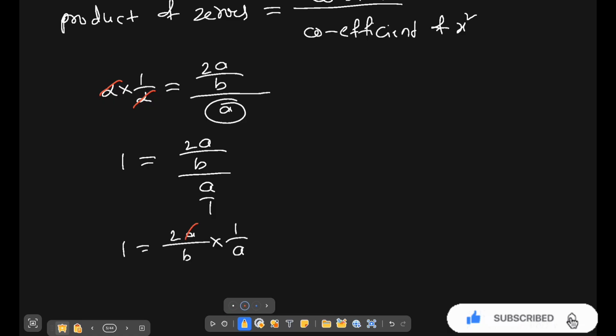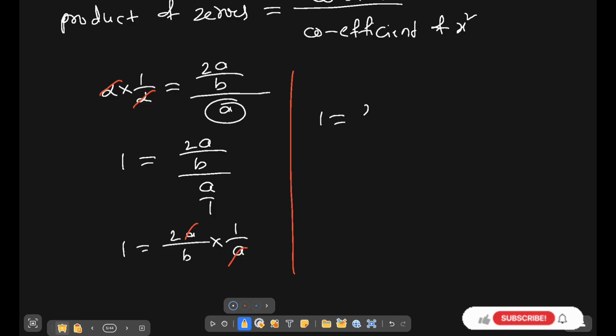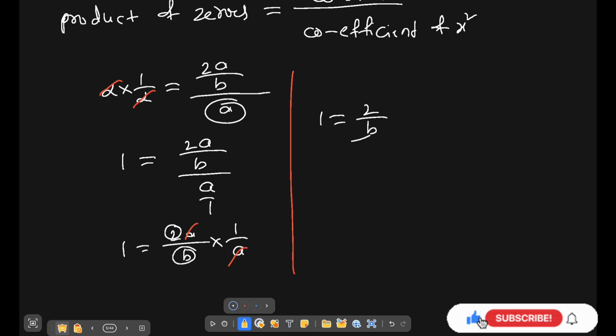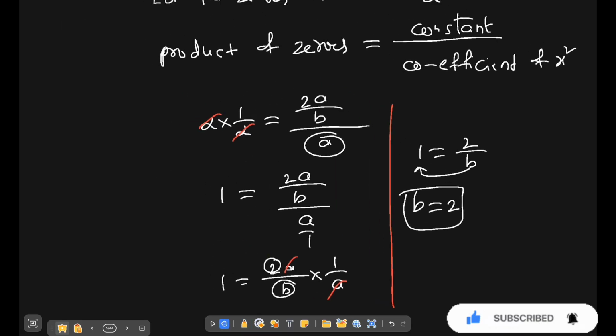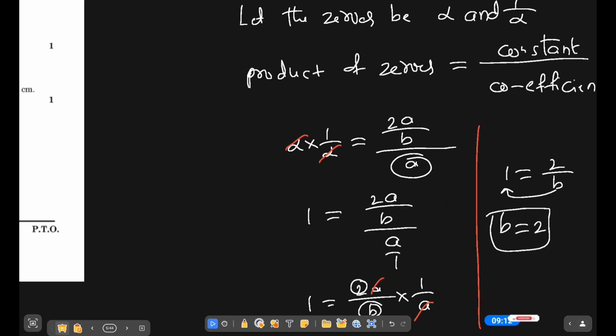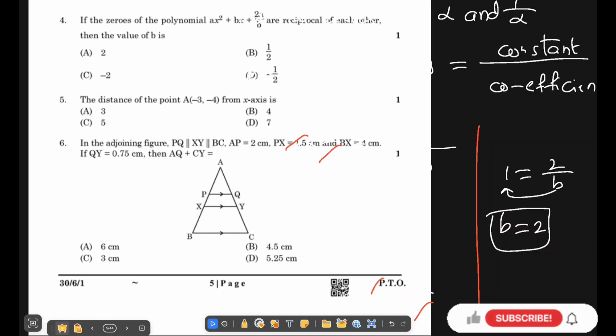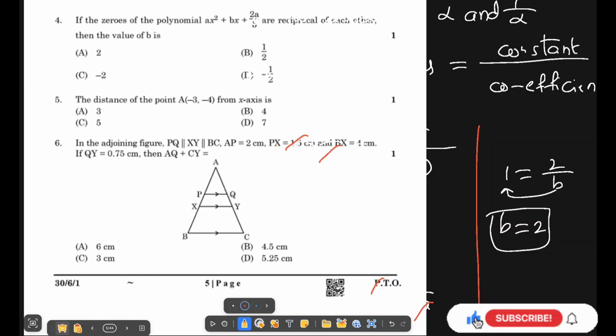Here a gets cancelled. Now we have 1 equals 2 by b. If you bring this b to the left side, b is equal to 2. So the value of b is 2. Option A is right for the fourth question.